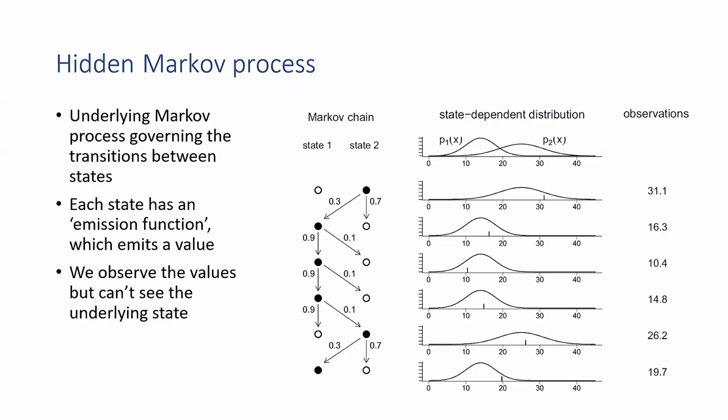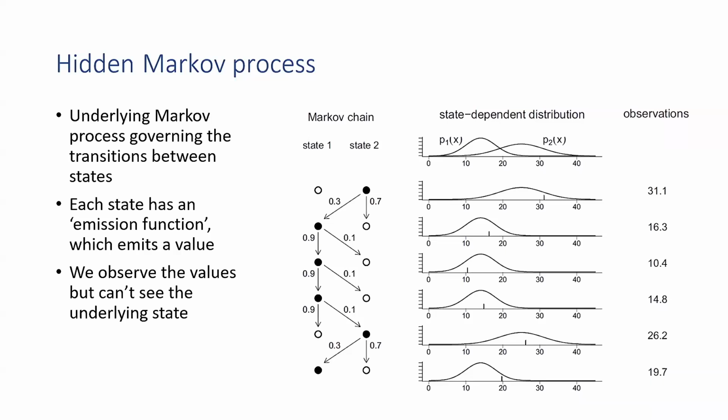So we don't know what those emission functions are, and we don't know the underlying state. If we can structure a model where we have the correct number of states and say the correct shape of the emission functions, then if we give it the observations, we can infer what is going on underneath. So we can learn what those underlying transitions are.